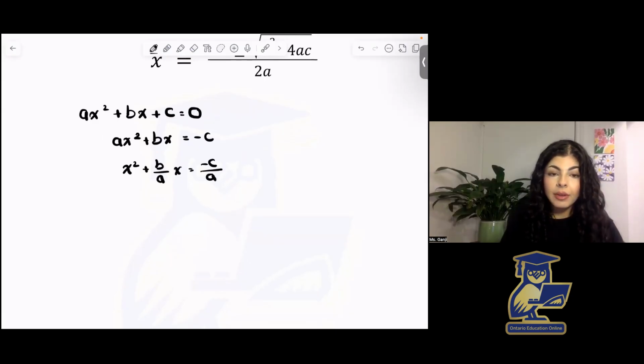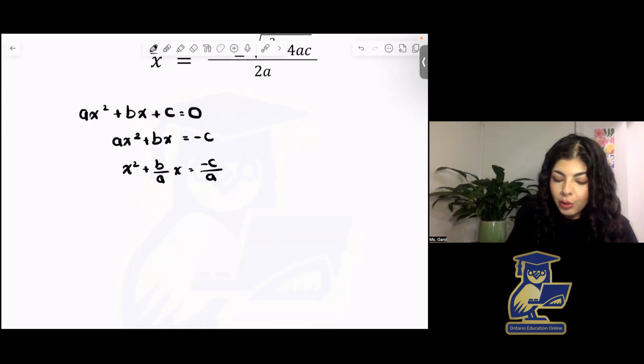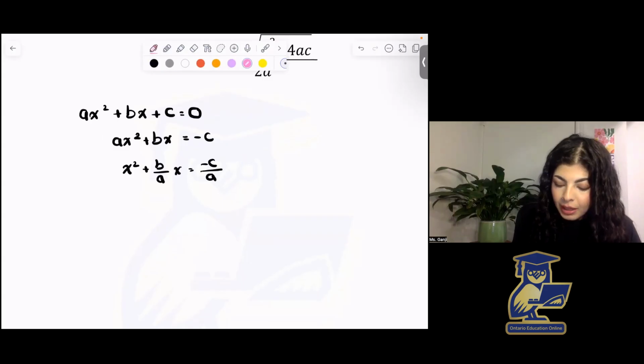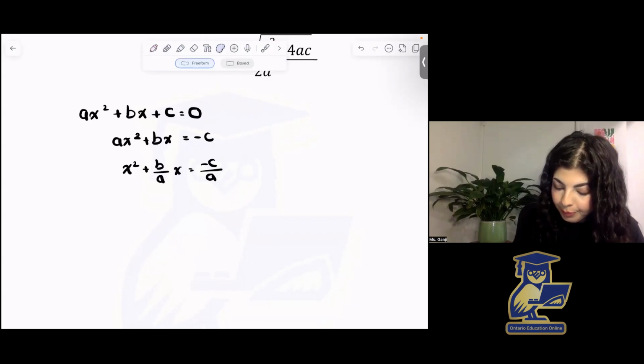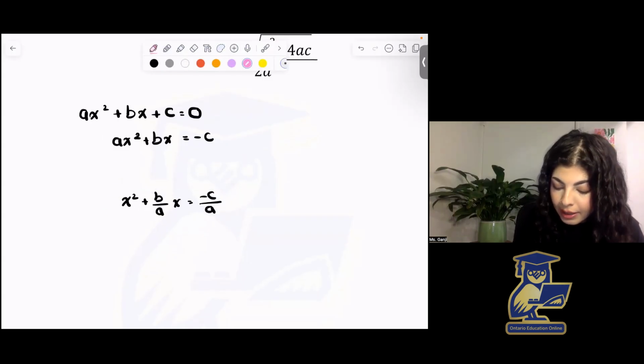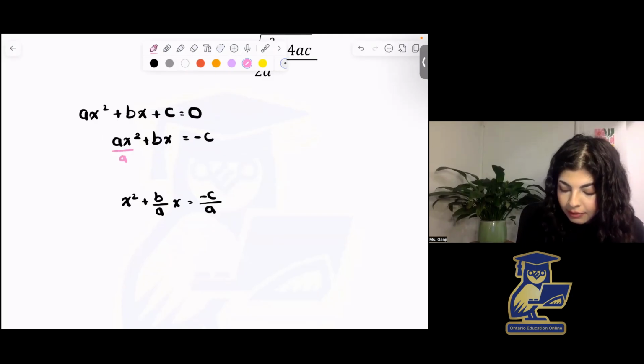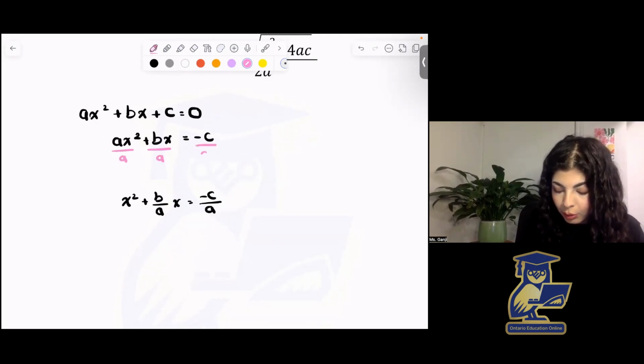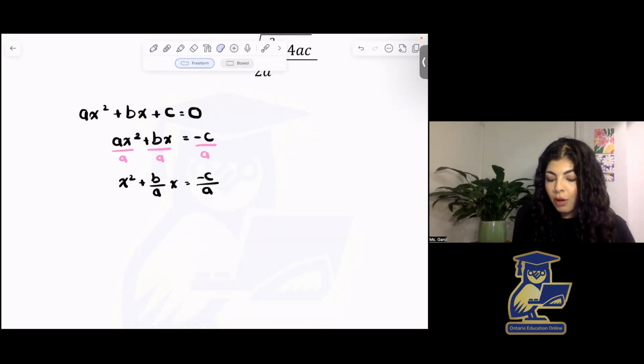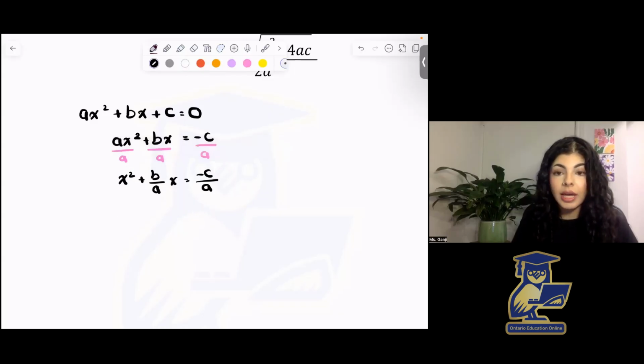And keep in mind, even though c is on the other side, when you divide by any term, you are dividing that whole equation by a to make this true, which means that this is divided by a, this divided by a, and this is also divided by a. So do not forget about that negative c that's on the other side. That has to be divided by a as well.